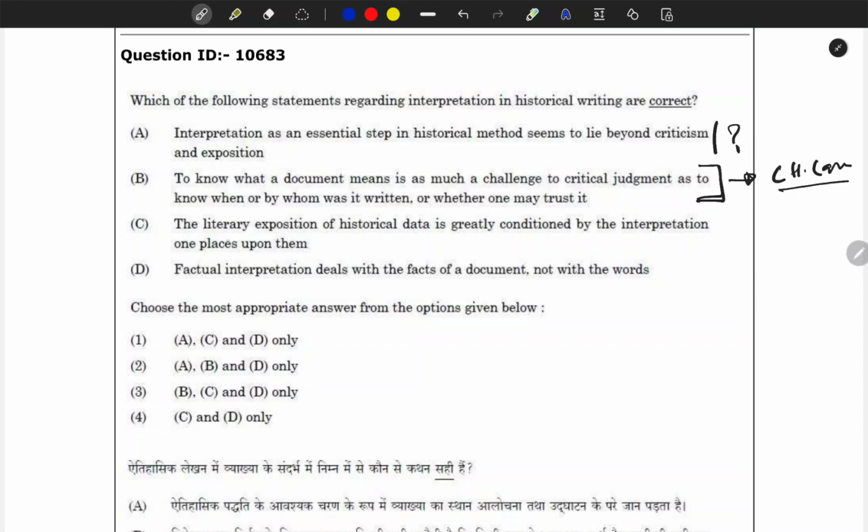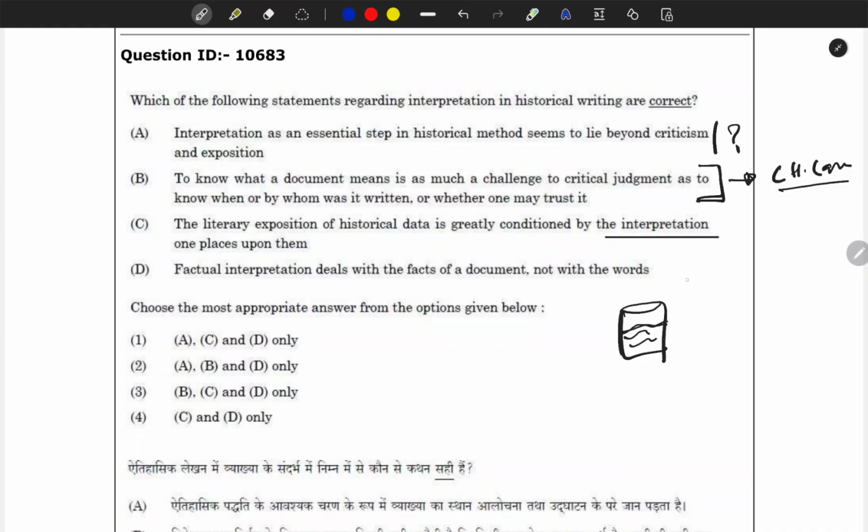The literary exposition of historical data is greatly conditioned by the interpretation one places upon them. Okay, yeah, this is also correct. Interpretation is very important for data, because we again and again give this logic that this is a glass which is having half water.